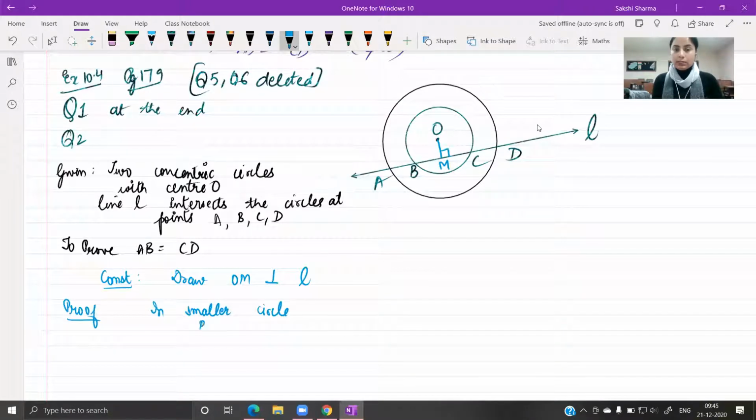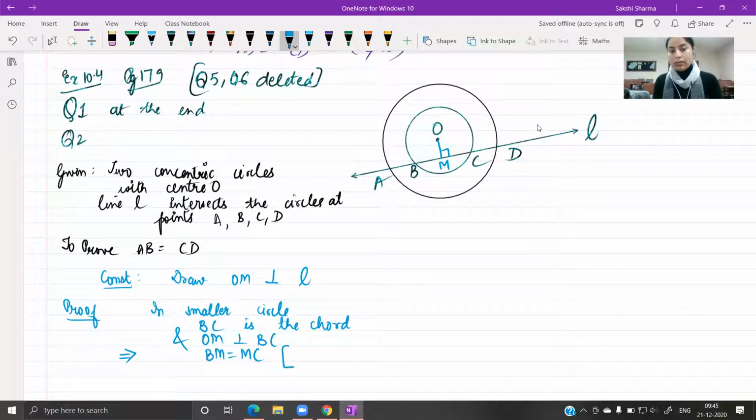In the smaller circle, BC is the chord and OM is perpendicular to BC. So you can simply write down that BM equals MC, and you can write down perpendicular from the center bisects the chord.